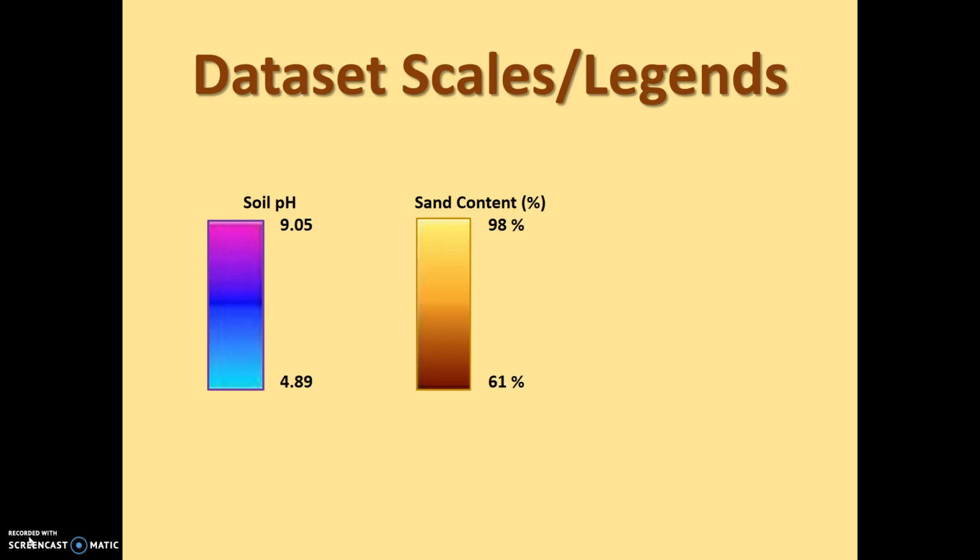The actual data points collected were more around 5.5 to, I think, 8.7 was the highest. These more extreme values are just artifacts of the interpolation, which I'm not quite sure the best way to get rid of, but it's not too far off. And sand content was about 62 to 95%, so it was very high.